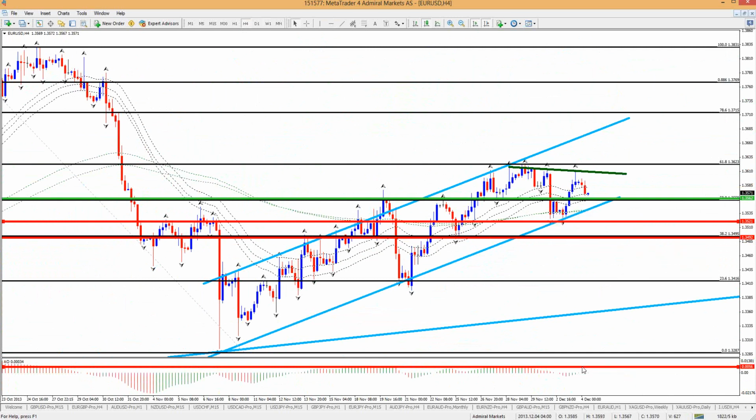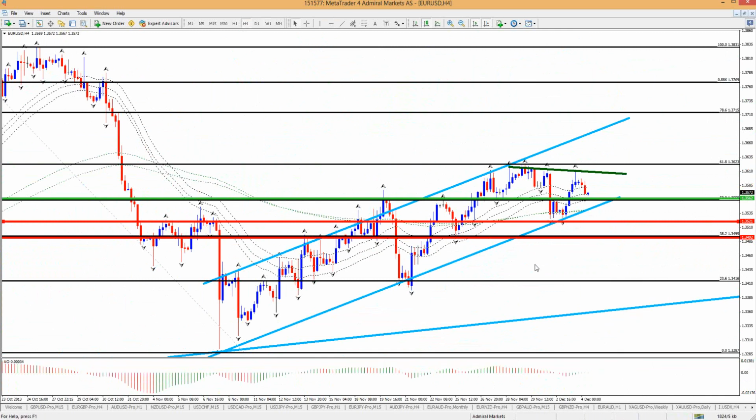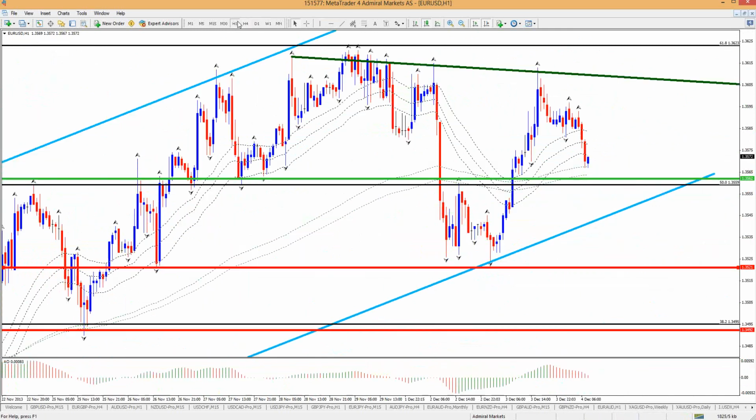I don't see it here, bearish divergence. Maybe the 1-hour. On the 1-hour there was divergence here, but price already responded to that and corrected.